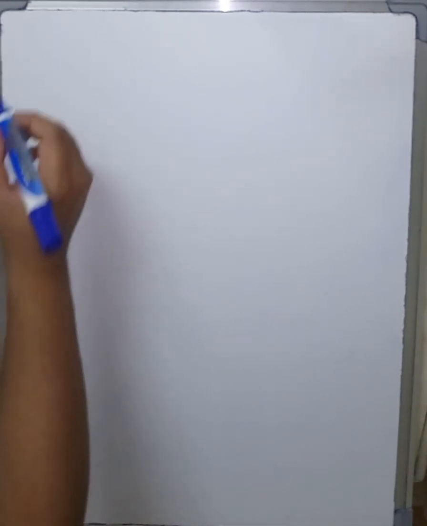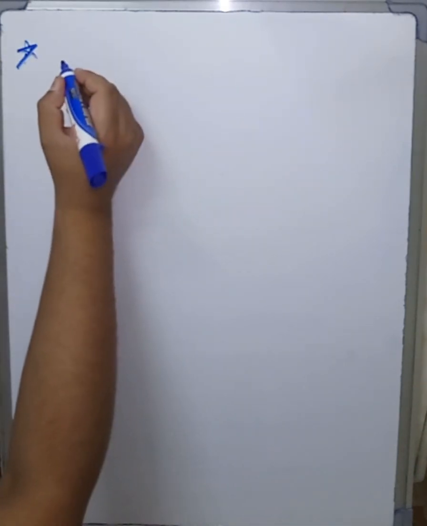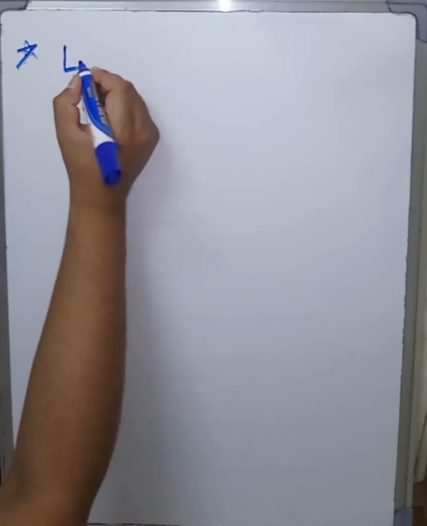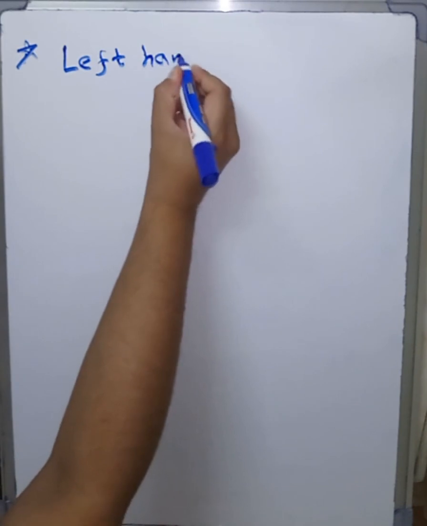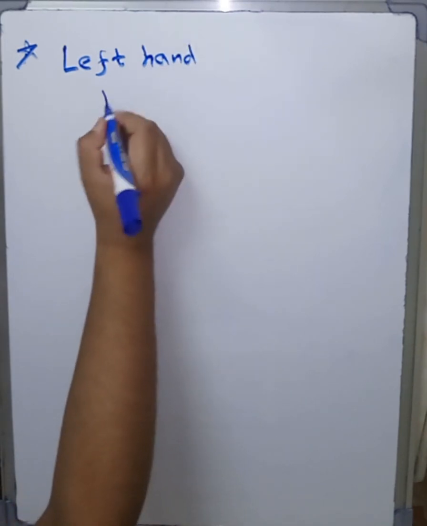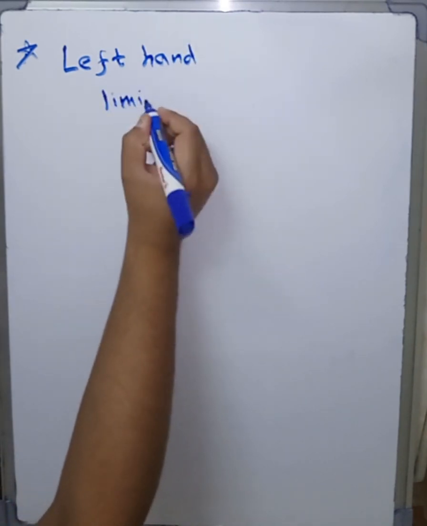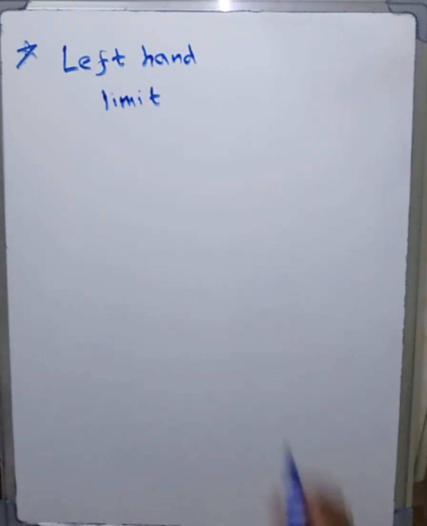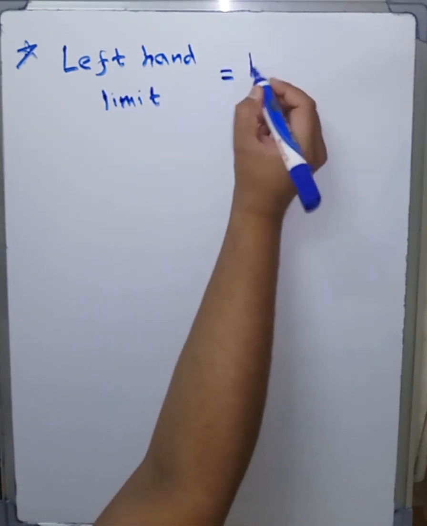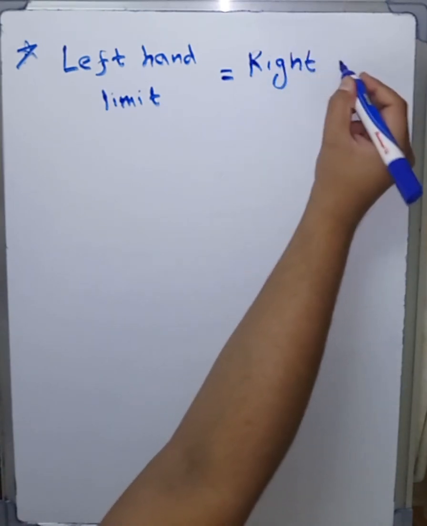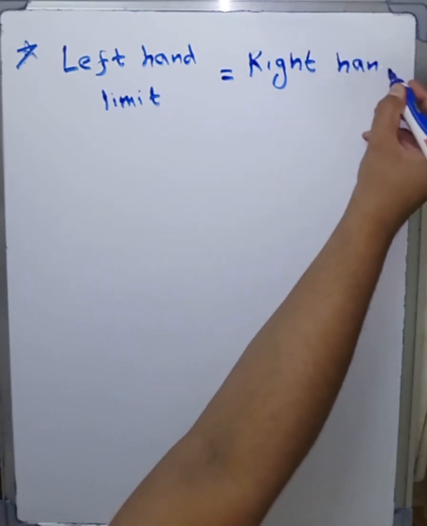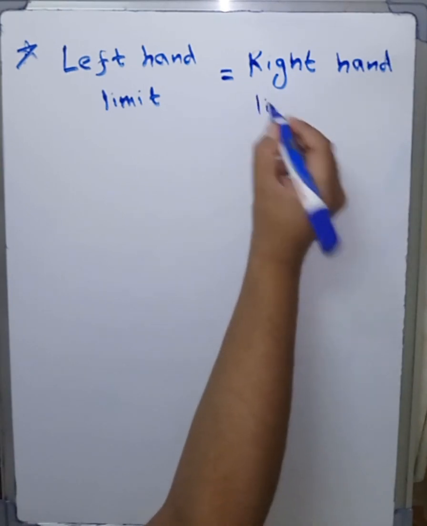Let us discuss the existence of limit. Suppose the left hand limit is equal to the right hand limit.